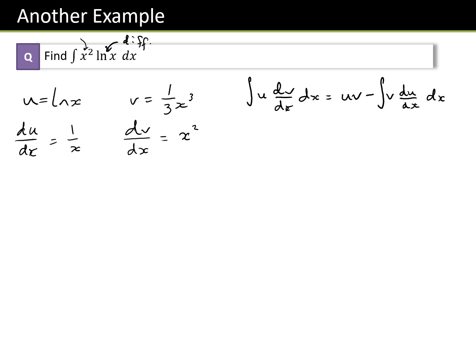Now, sub it all into your formula. U dv dx, so u times dv by dx. So there's the question, u dv dx, and we're trying to work it out. So uv, so a third x cubed times natural log of x.